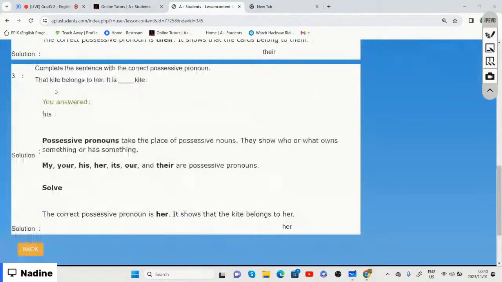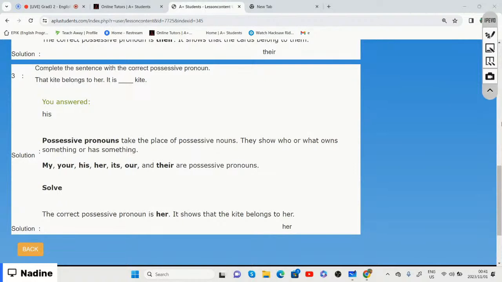They're saying that the kite belongs to her. If the kite belongs to her, then who does the kite belong to? So that means we can say that this kite or that kite belongs to her.